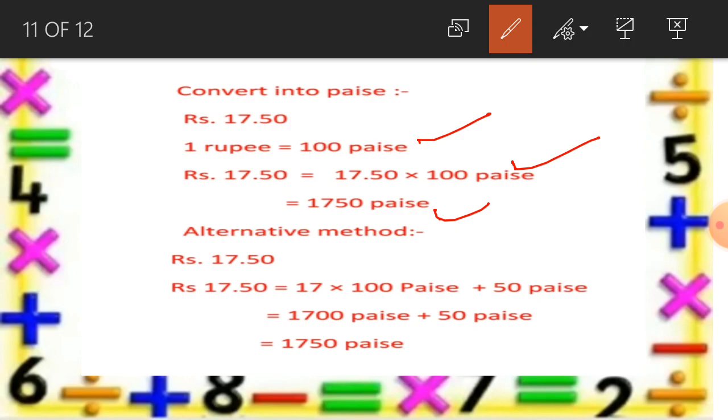We remove the point before 2 digits. And the alternative method is, we convert rupees 17 into paisa, and plus 50 paisa is given, and it becomes 1700 paisa plus 50 paisa is equal to 1750 paisa.